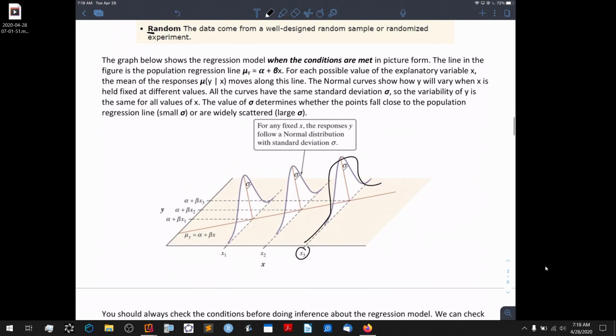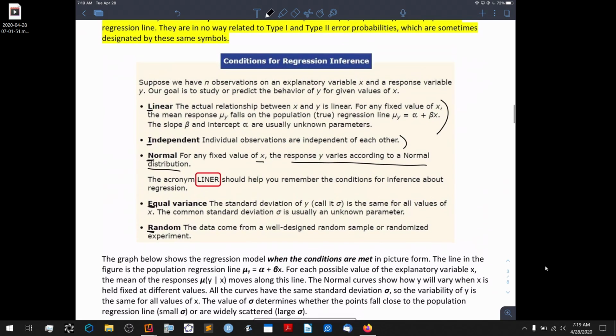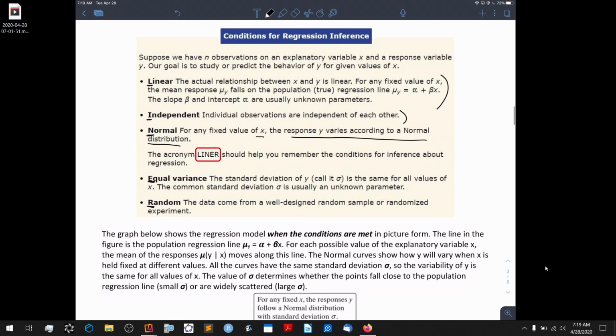So if I pick a fixed x value, the standard deviation is the same as if I pick another x value and look at the standard deviation there. How are the y values varying about the regression line for any x value? Very difficult stuff. And then random: the data all come from a well-designed random experiment.